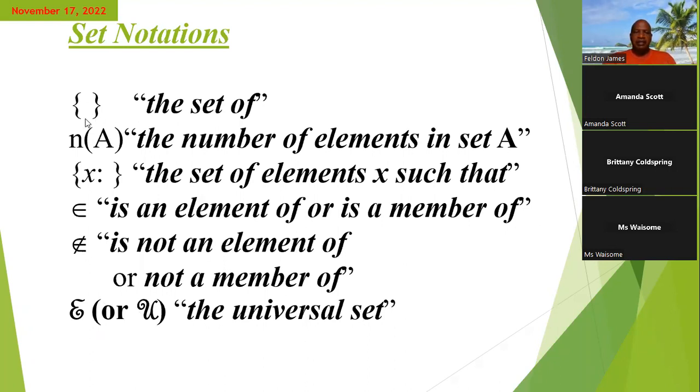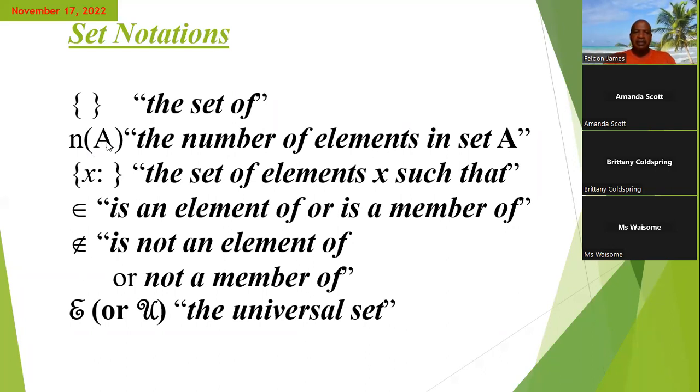So the curly brackets, the braces, mean a set of. When you have brackets with a small n outside and a capital A inside, the letter inside denotes the name of a set.